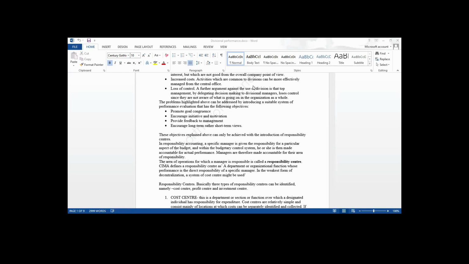Responsibility accounting. In responsibility accounting, a specific manager is given the responsibility for a particular aspect of the business. When we say responsibility accounting, an individual is given a specific task, and that individual will be liable for that task.